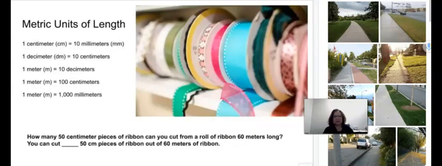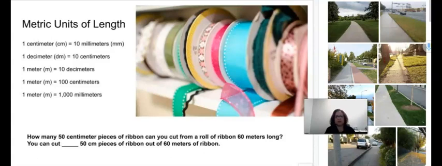Okay, here's another one. How many 50 centimeter pieces of ribbon can you cut from a roll of ribbon 60 meters long? You can cut blank 50 centimeter pieces of ribbon out of 60 meters of ribbon.